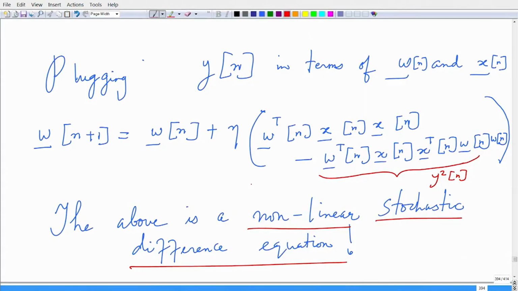Okay. So, this equation that I have above is a nonlinear stochastic difference equation. So, you see how messy things became just with a simple normalization. If you are to implement it in the form of code, it is very easy to do the normalization, and if it is working well in practice, then you feel happy about it.